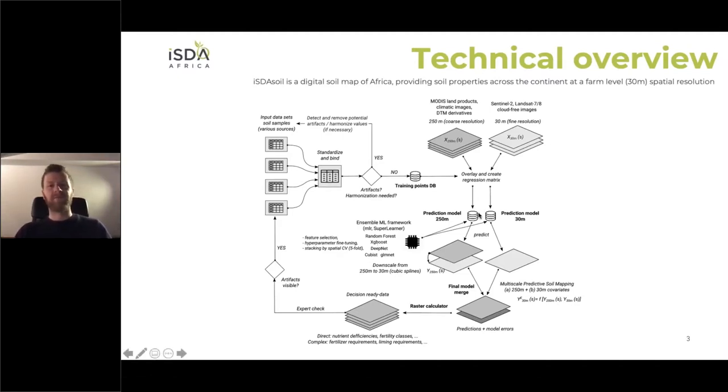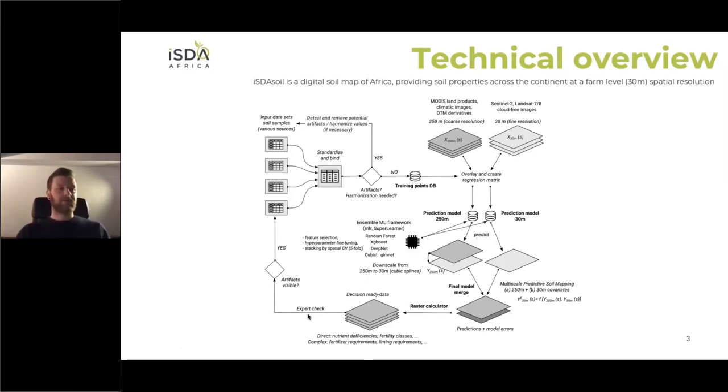Once we've made our predictions at 250-meter resolution and 30-meter resolution, we merge the results. So we end up with a prediction layer, a map of predictions, but also a map of model errors and the uncertainty. Then finally, we do an expert check, which is a really important part.